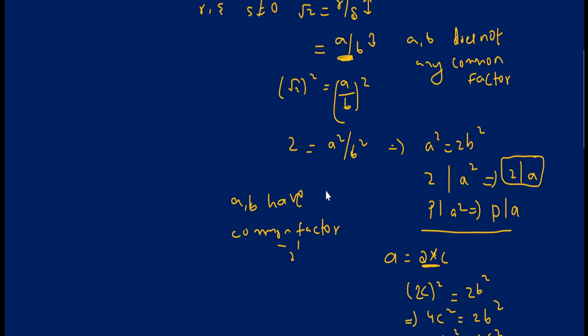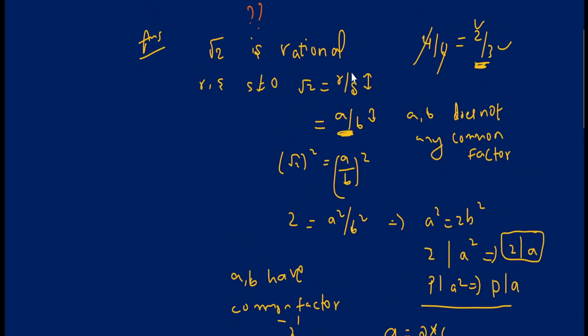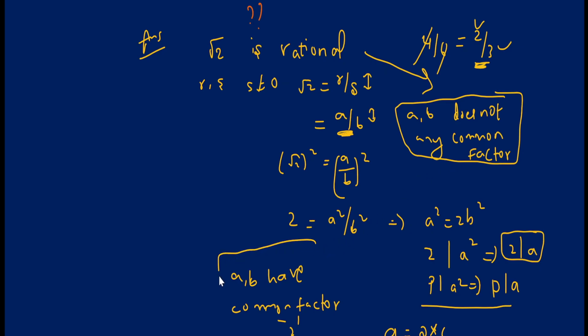The initial assumption is that root 2 is rational. From there, we reached a point where a and b don't have any common factor, but after some point we reached a and b have a common factor.